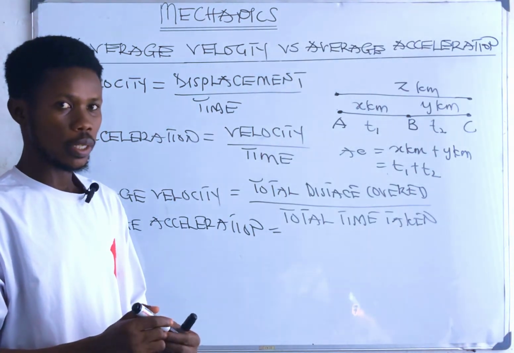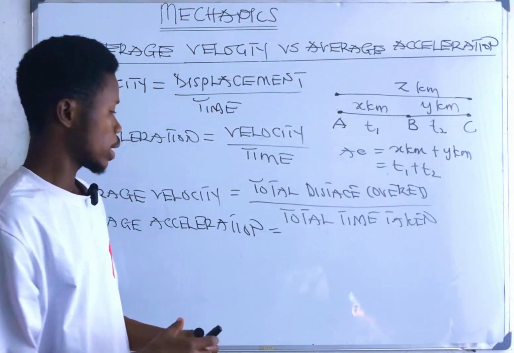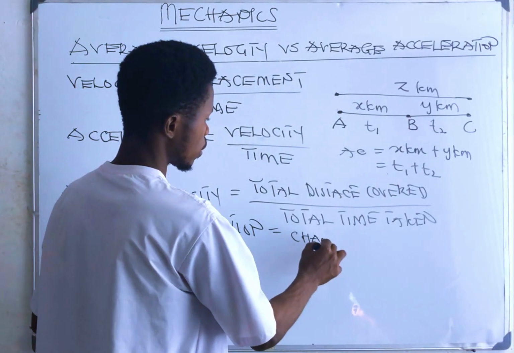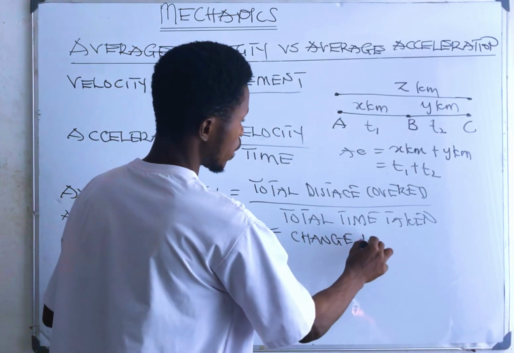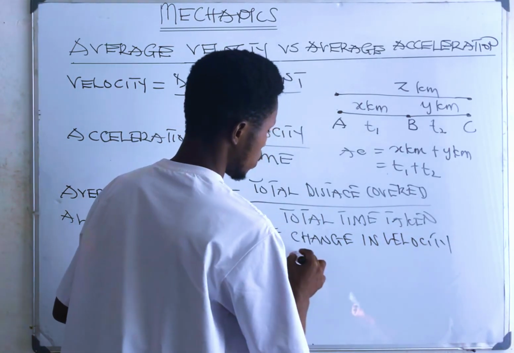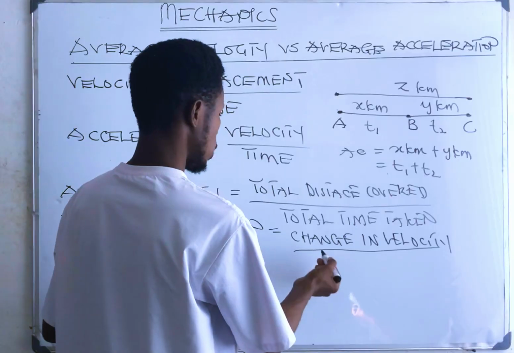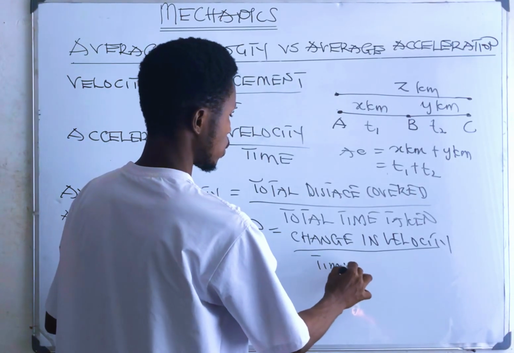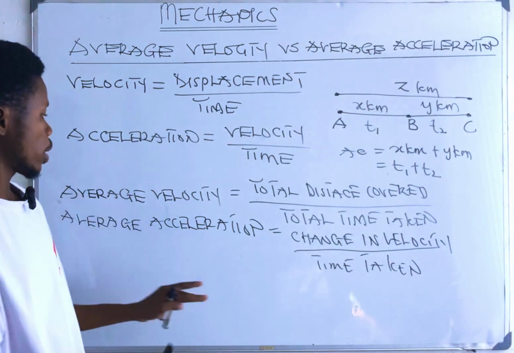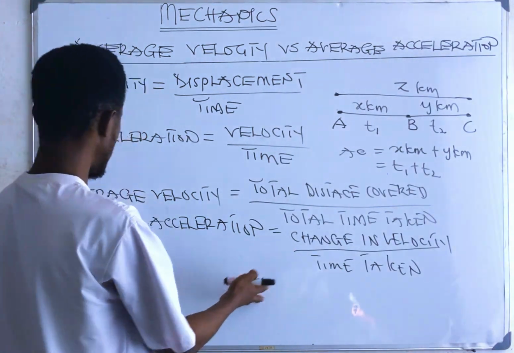So you should know the difference: a change in velocity. So we are saying that average acceleration is the change in velocity over the time taken, is that okay? So this becomes the average acceleration.